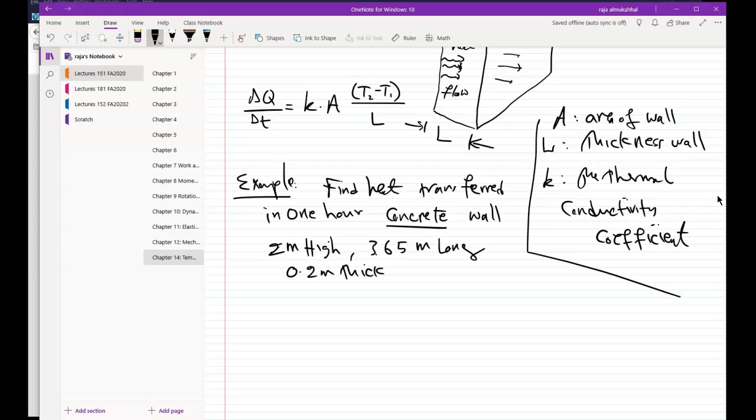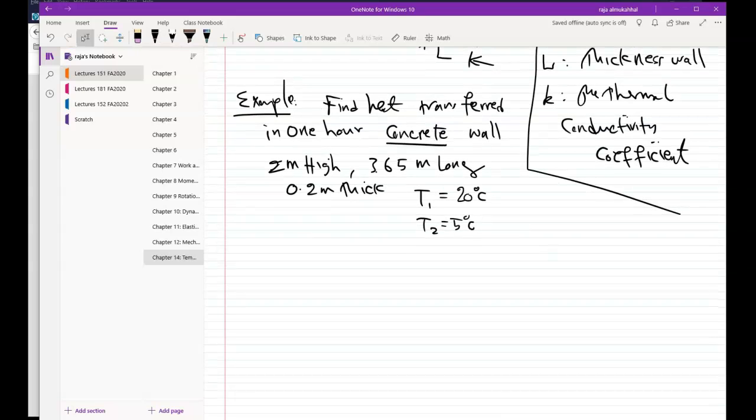One side of the wall is held at 20 degrees Celsius and the other at 5 degrees Celsius. I hope this doesn't sound like a difficult problem.